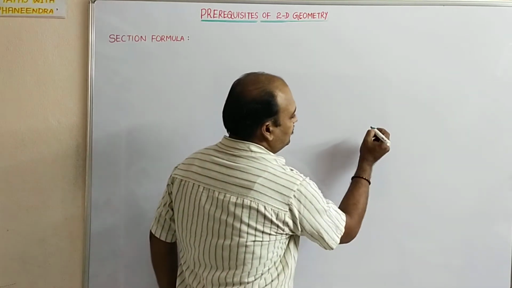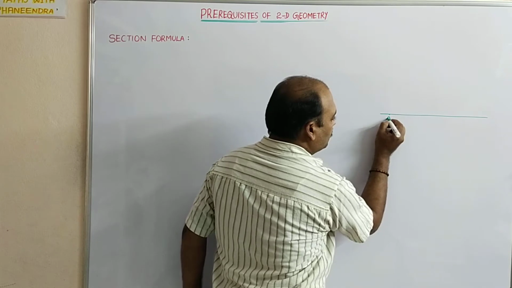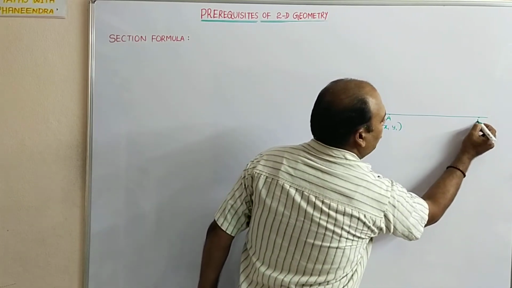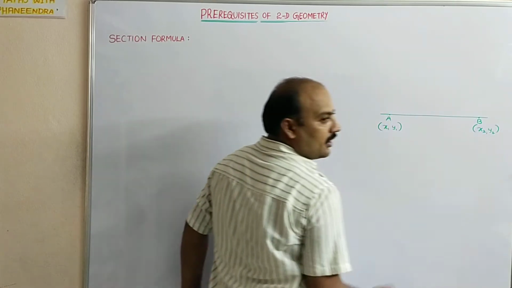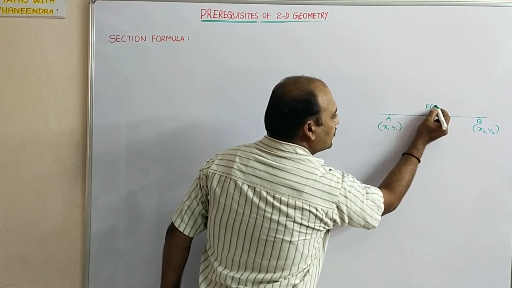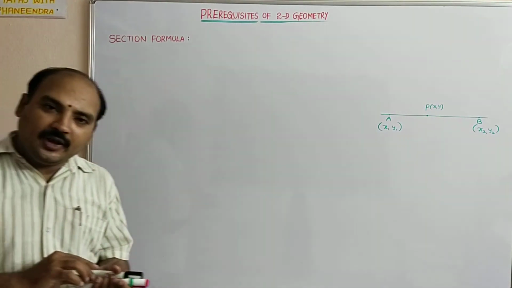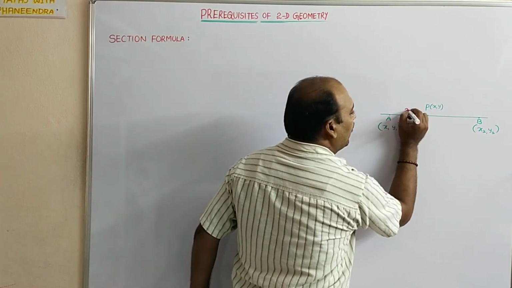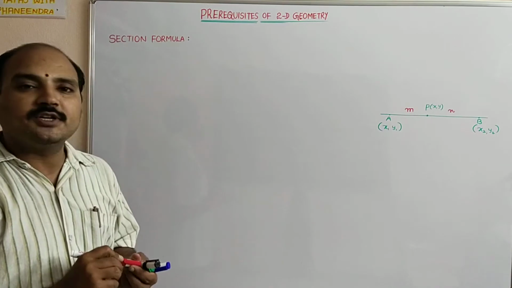Observe the first case. Here A of x1, y1, B of x2, y2. Here I am considering one point P of x comma y. The point P divides in the ratio m is to n internally. This is internal division.